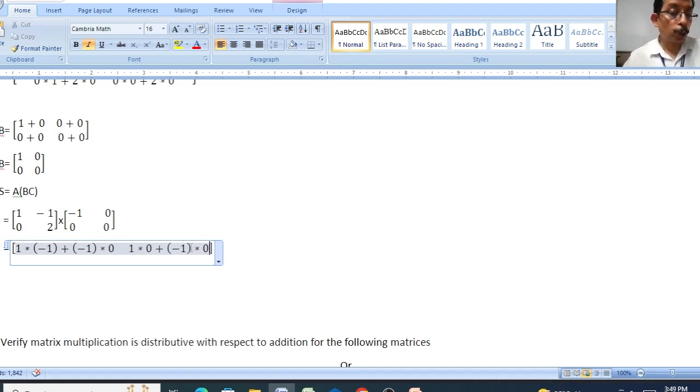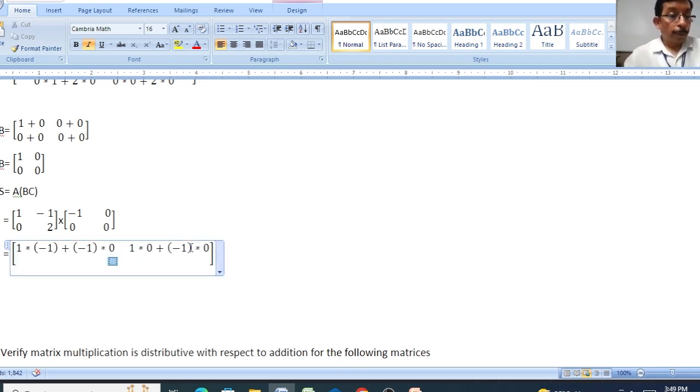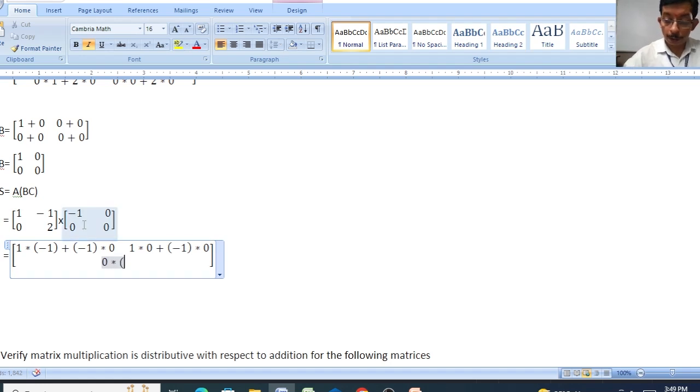Now no more column in second matrix. Now we come to the second row. Second row multiplied by the first column, then we receive the second row first element of matrix LHS side. 0 multiplied by 1, 0 multiplied by -1, plus second element 2 of second row.